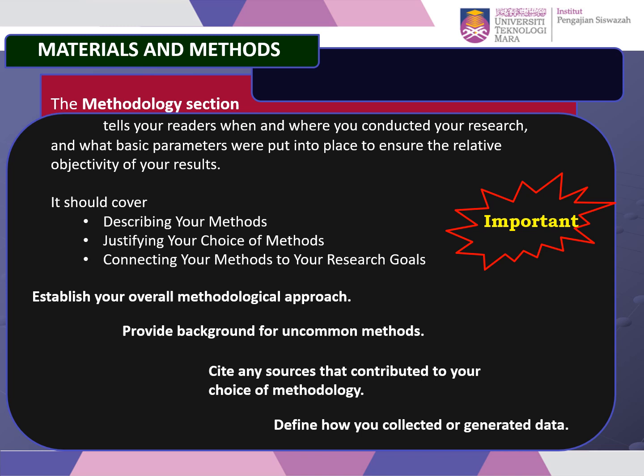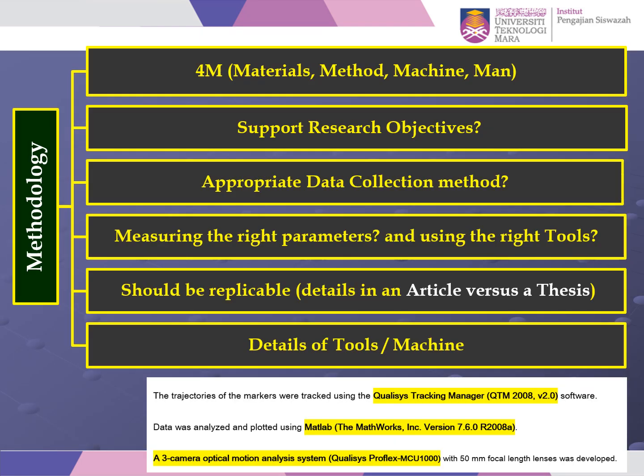You may cite any sources that contributed to your choice of methodology and define how you collected or generated the data. You may ask yourself using these questions: does it cover 4M? Because your methodology should be as detailed, a good methodology can be replicated by other researchers.